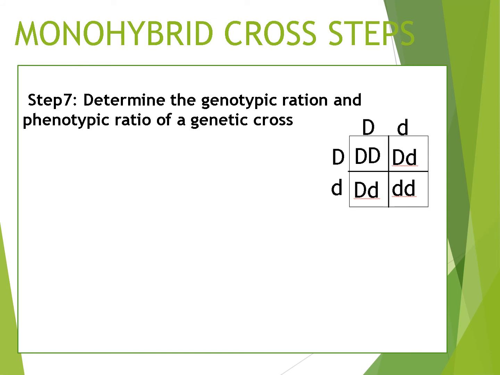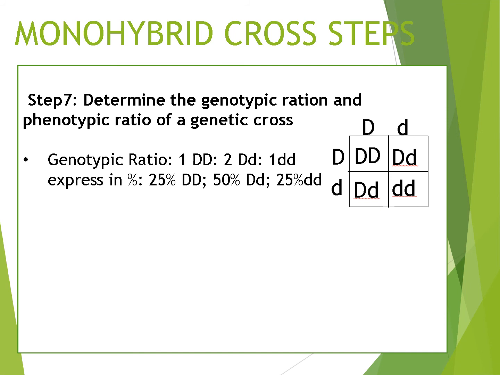Step 7. Determine the genotypic ratio and the phenotypic ratio of a genetic cross. This is the most crucial part because we are going to interpret the result of a Punnett square. Based on our problem number 1, we get a genotypic ratio of 1 homozygous dominant genotype to 2 heterozygous genotype to 1 homozygous recessive genotype.